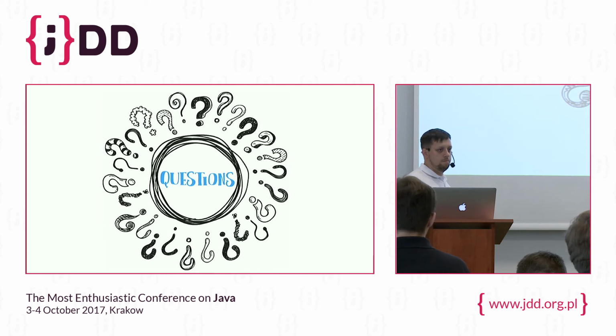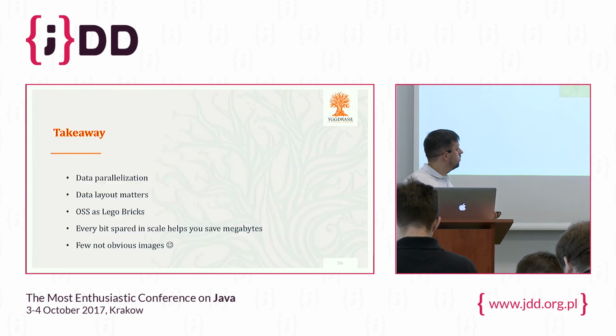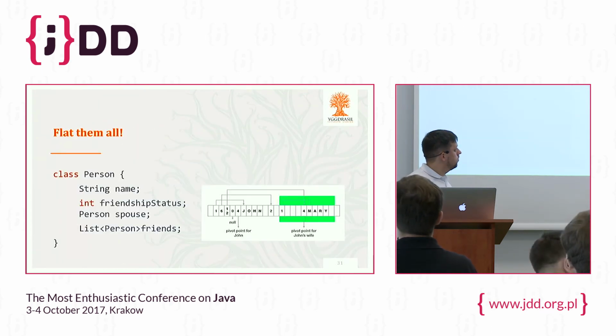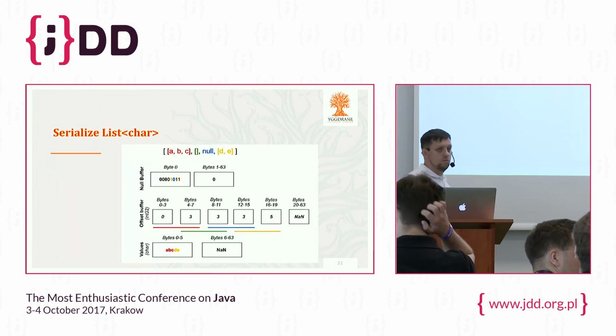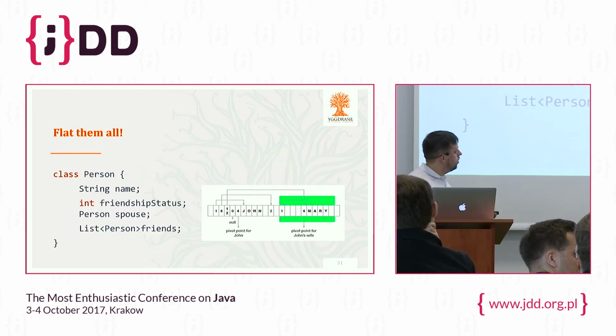One more little question. When you showed this layout for a person with a kind of relationship, with those pointers to offsets to another person, is that the way data is stored in Arrow, or the way data is serialized? The previous one, yeah, exactly this slide.